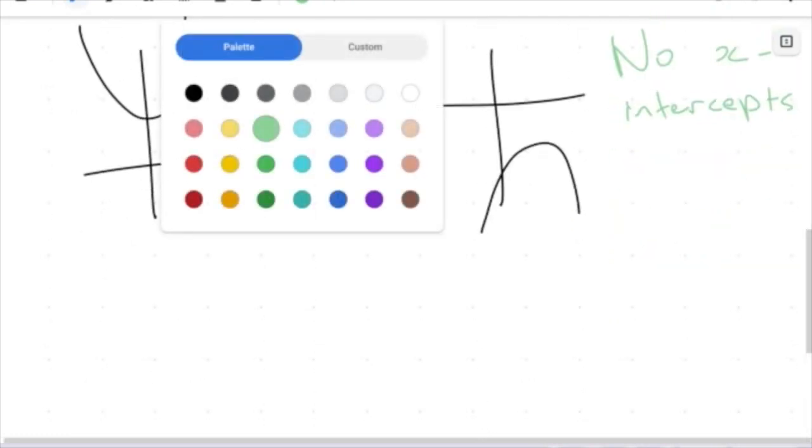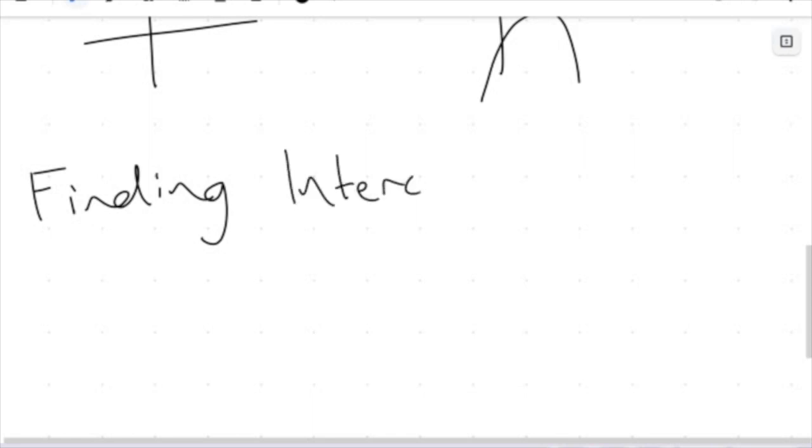So for the first part of this video, we are just going to revisit something we did at the start of this topic with our quadratic equations and solving these. We are going to just practice finding our intercepts, because this carries over a lot to what we're going to be doing in this video.